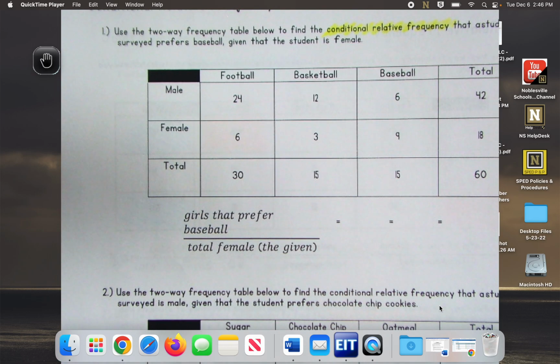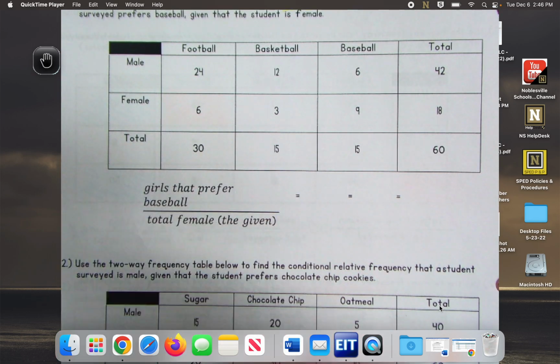Okay, this is the most complicated one of the whole thing, okay? This is where it gets really, really confusing. Everybody's fine, and then we get to this and it's like, I have no idea what we just did, okay?